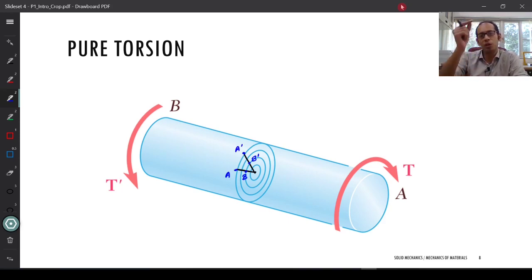A has moved all the way to A prime, and as you're approaching towards the centroid of your circular shaft, for example, if you take a point exactly at the center of the core, that point does not move anywhere. This particular point here, let me call this C as the center, does not move anywhere.